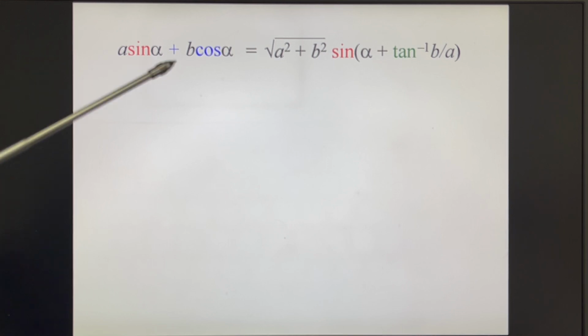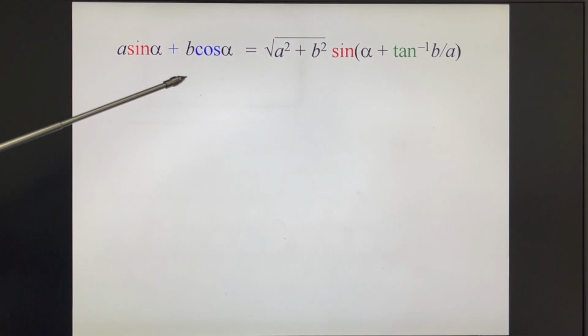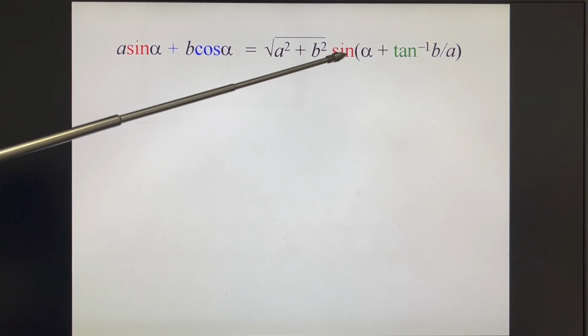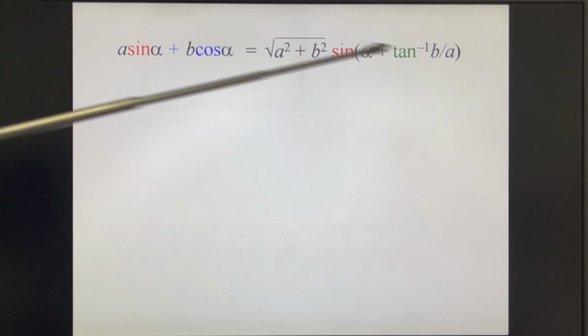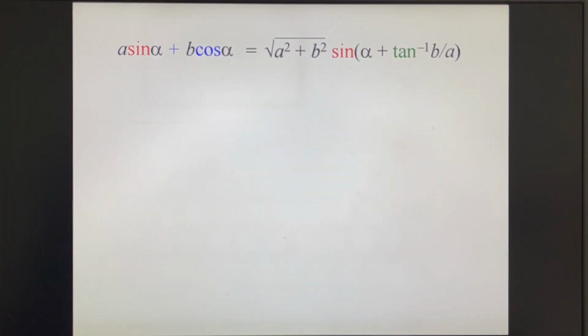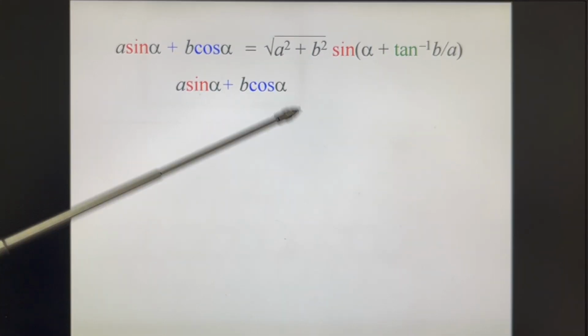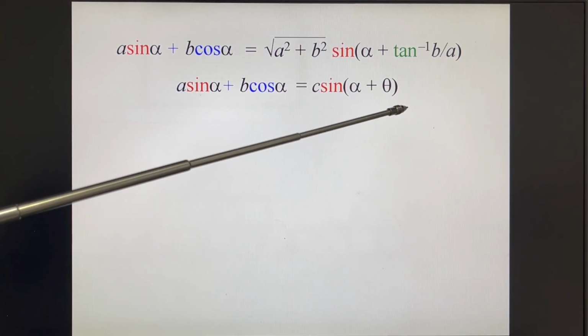In many cases, we have A sine alpha, B cosine alpha given. We would like to express them in a single trigonometric function, like sine. That's complicated. I don't remember. What I do, I say, now, you want to write it in a single trigonometric function? Okay, I write it as C sine alpha plus theta.